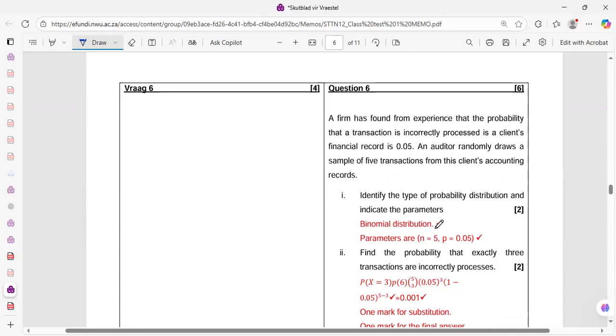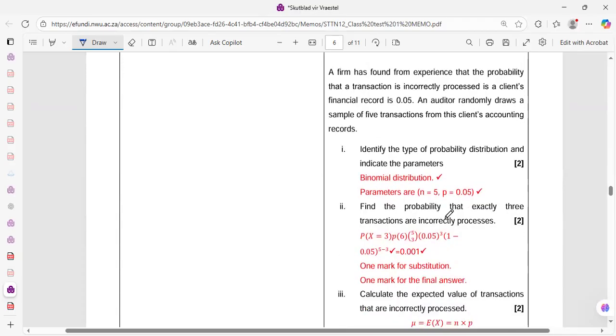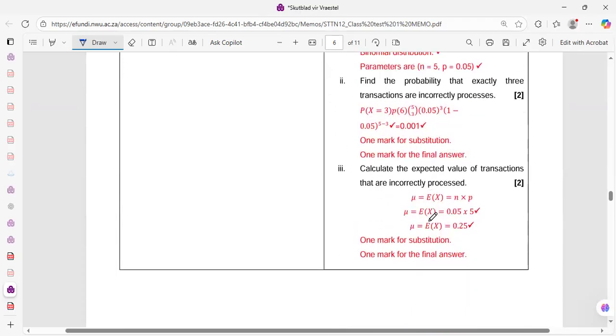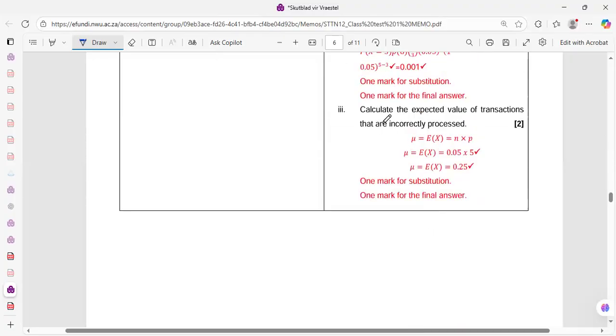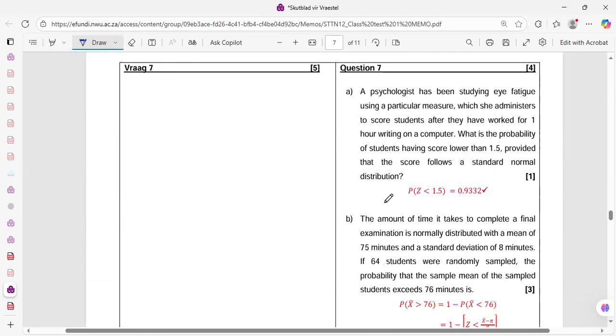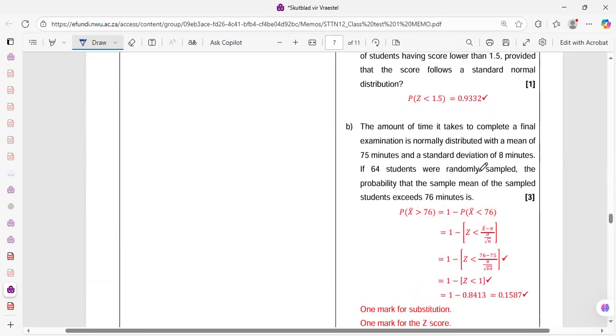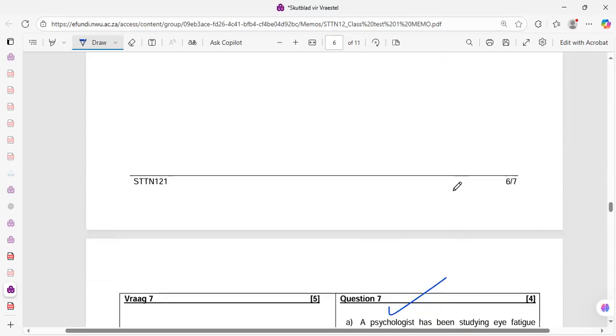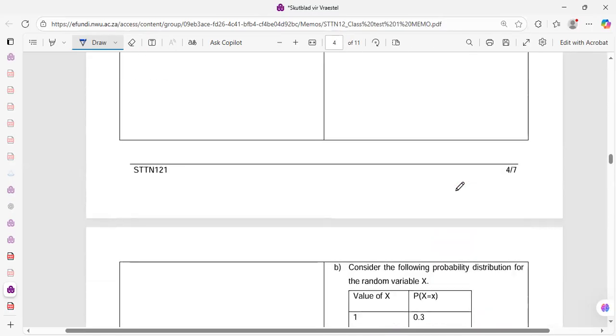I told you guys to focus and check the binomial distribution, the formula, and the formula of the expected value. I think I explained this one on part 1. Was it part 1? Part 1, yeah. Also this one. Even question 2 is the one from STTN111. Okay, where's the other one?